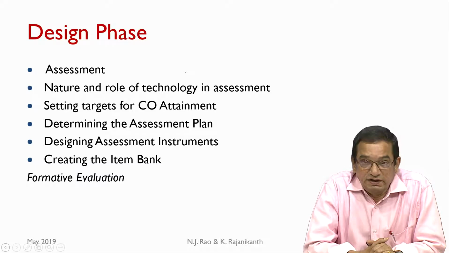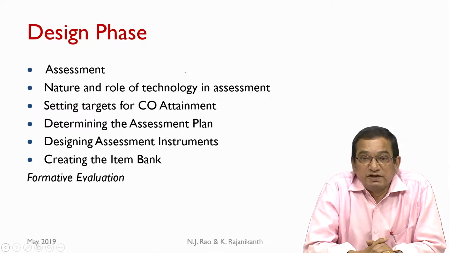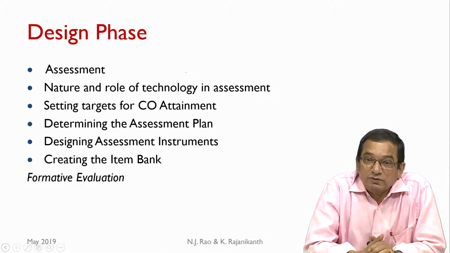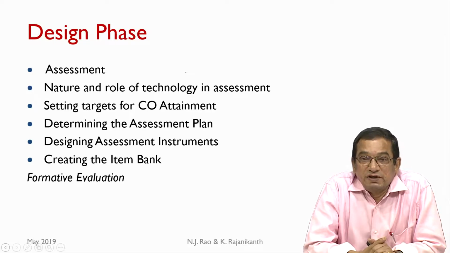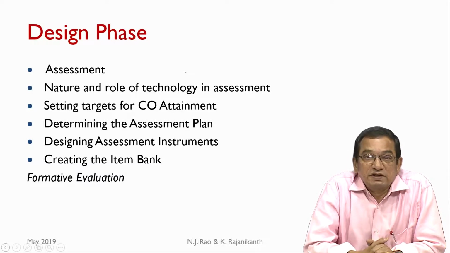So, it is an activity which must be carried out with a certain amount of group thinking, and based on the past experience targets have to be set carefully, because once we set the targets, if we are not able to attain those target levels, reducing those target levels would be an activity that is not to be encouraged. So, we must set initially the targets quite carefully. So, that is an activity of the design phase.